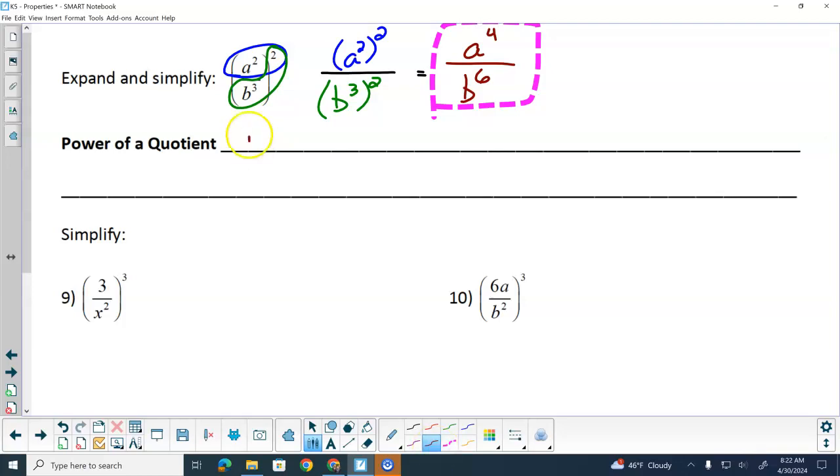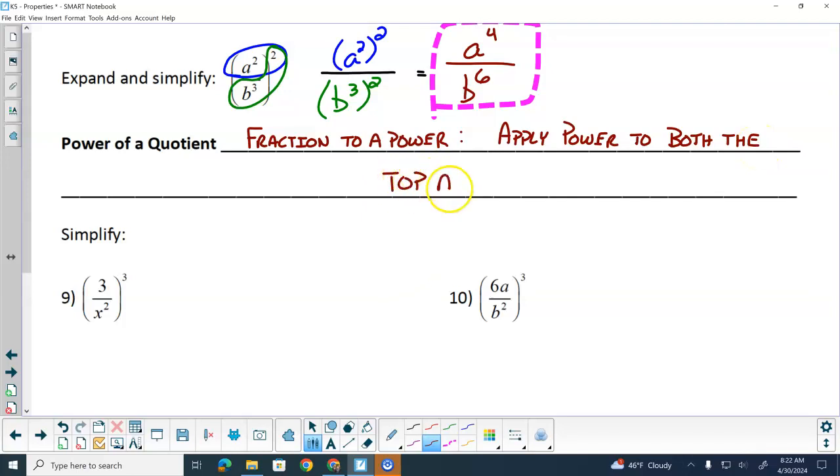So if we've got a fraction to a power, you're going to apply the power to both the top and the bottom. So you're going to apply it to both the numerator and the denominator.